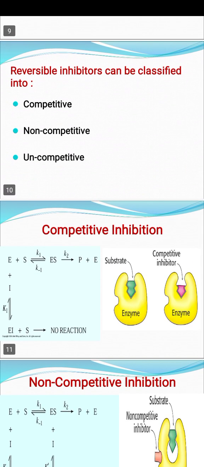The competitive inhibitor reacts reversibly with the enzyme to form an enzyme-inhibitor complex, analogous to the ES complex. See this. The inhibitor molecule is not chemically changed by the enzyme, following the Michaelis-Menten formulation. For example, competitive inhibition of succinate dehydrogenase.